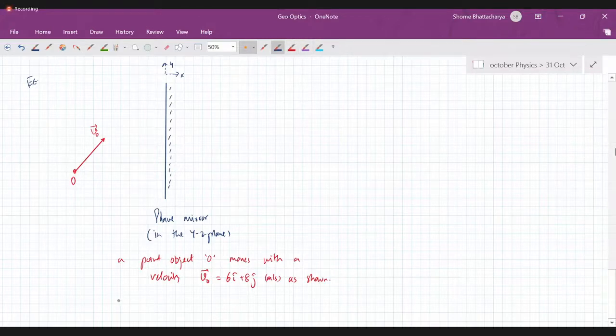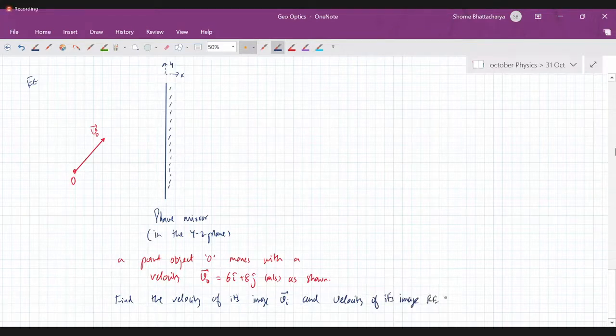So we want to find the velocity of its image and the velocity of the image relative to itself.